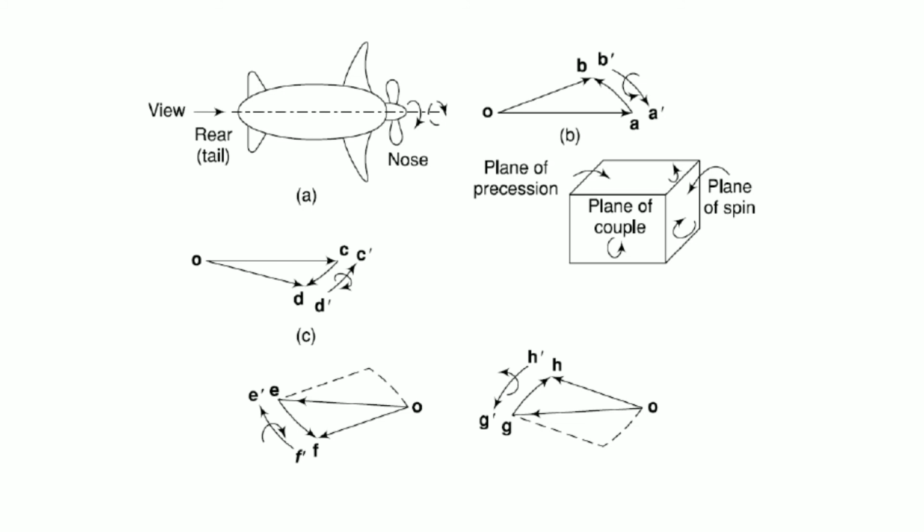So B dash A dash is the reactive gyroscopic couple.